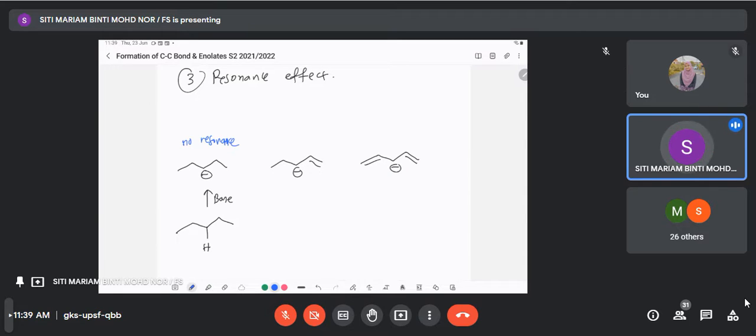Meaning, if you have this conjugated system, you can draw a resonance form for it. If you draw it, it looks like that. For the resonance form I'm using blue color. You have that conjugated system and you can delocalize electrons.